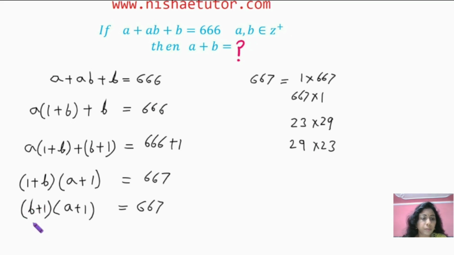So b + 1 is greater than or equal to 2, and a is also a positive integer, so the least is 1, and a + 1 is also greater than or equal to 2. So 1 and 667 is not our choice, because neither factor can be 1. So our choices are 23 and 29.